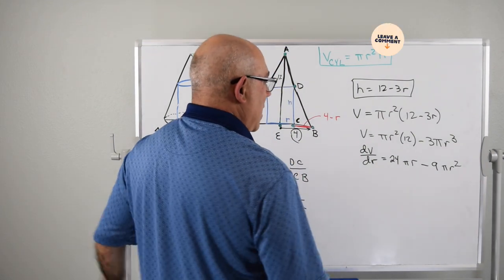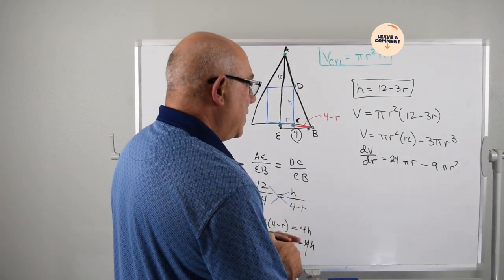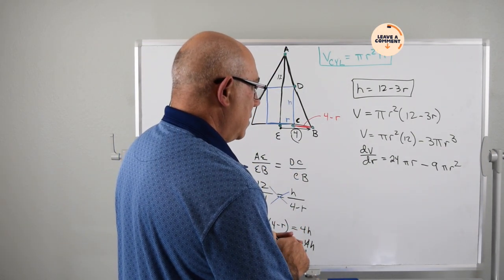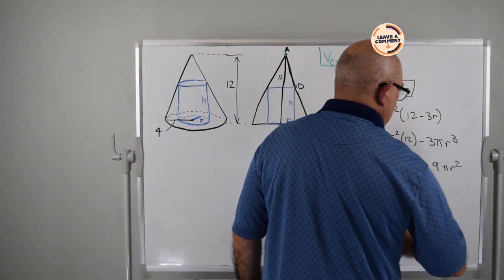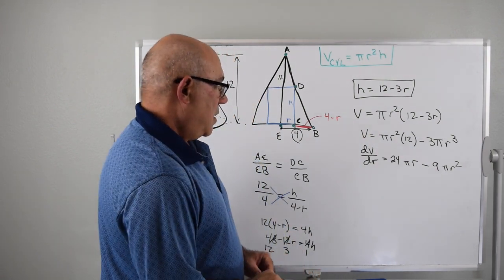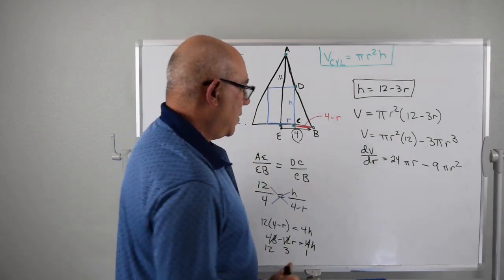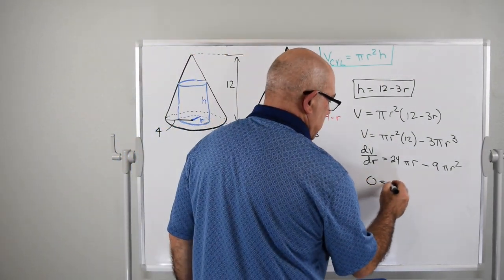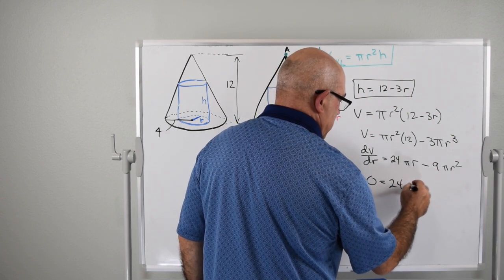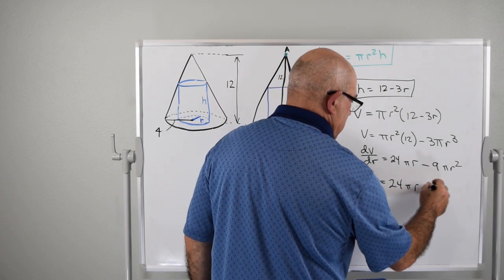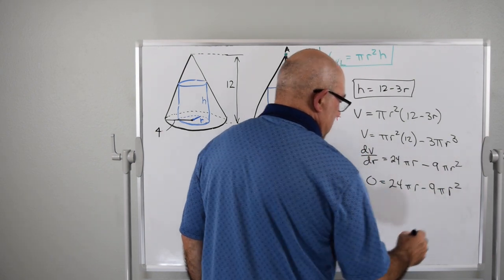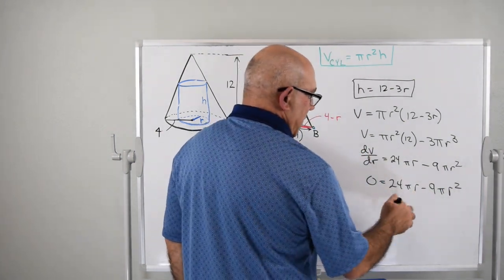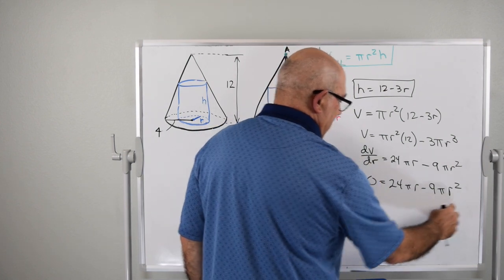Okay, I'm sorry, I thought that wasn't right, but yes, that's right. So now we can set that equal to 0. And since we did that, we can divide through by 3 pi.